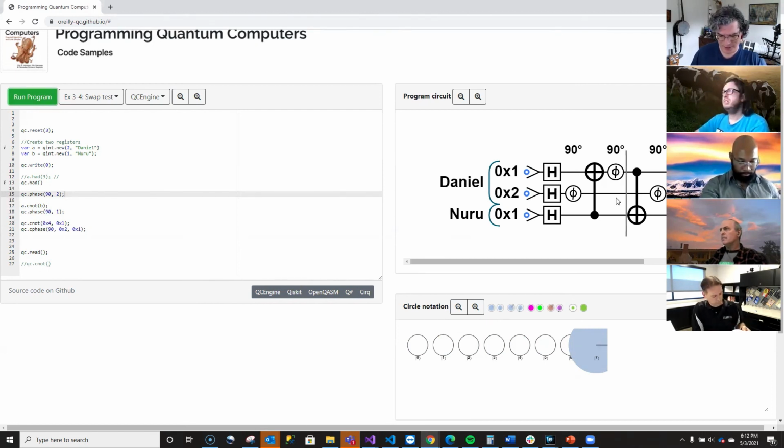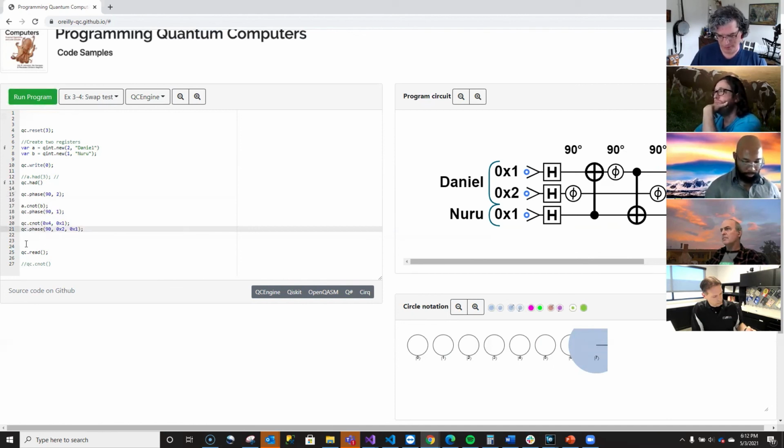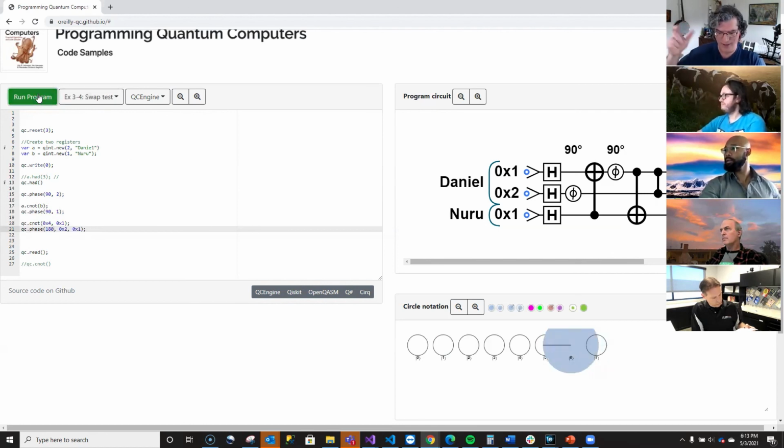But I think because of the way that C phase operates, the notation is really just the phase change on both. If I look at page 50 and 51, it shows that because of the way it operates and rotates the values, the control versus the target doesn't really matter as far as the output is concerned. So the notation is having the phase on both of those qubits.